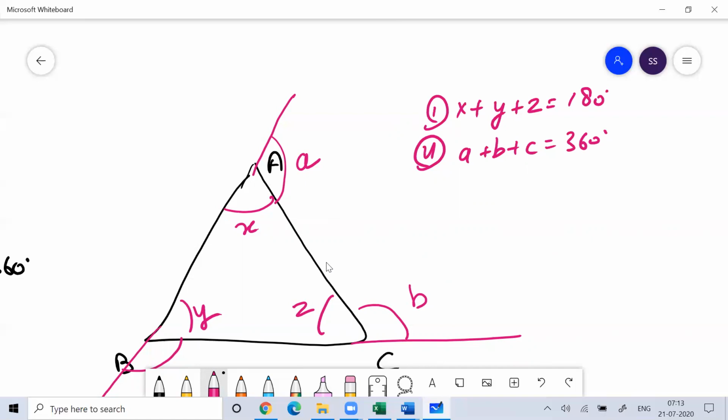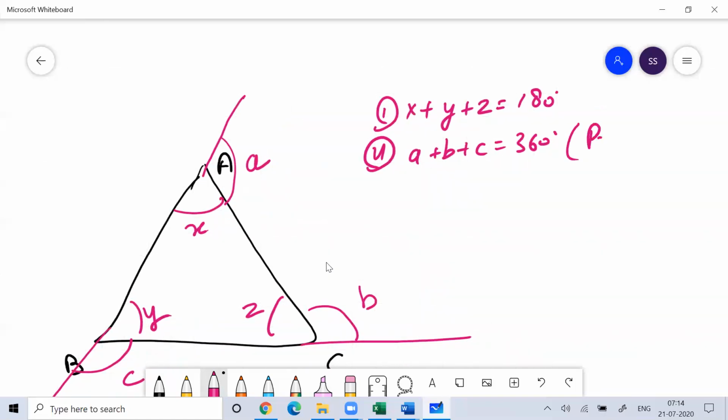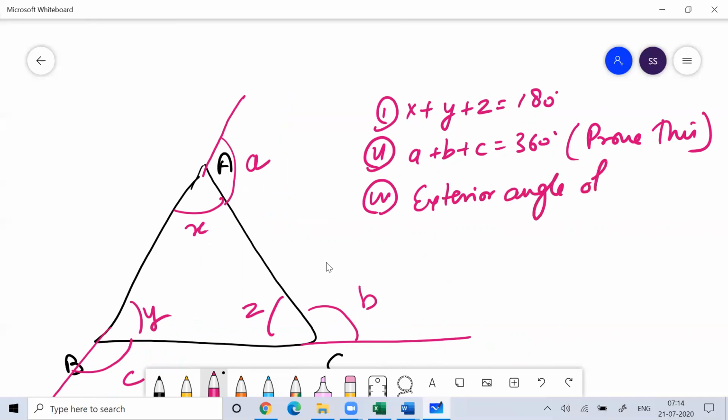So how to prove that? In order to prove this, we need to understand another property of a triangle: that the exterior angle of a triangle is equal to the sum of the two interior opposite angles.